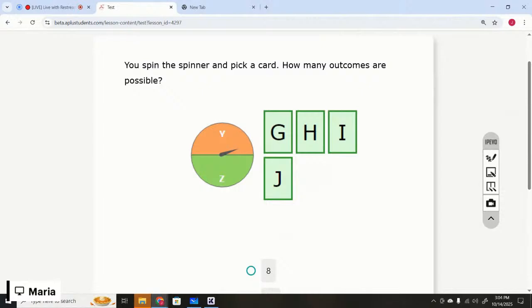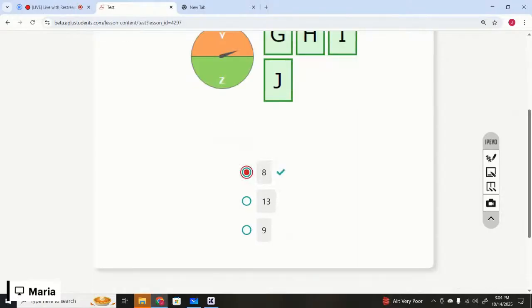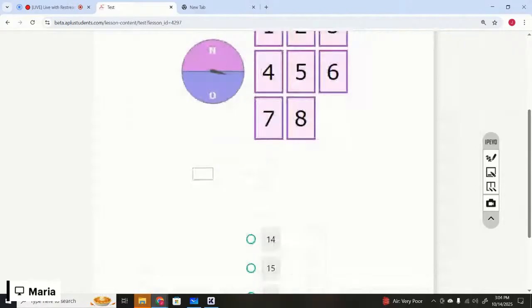How many outcomes are possible? 2 times 4 equals 8. Option number 1 is the correct option.